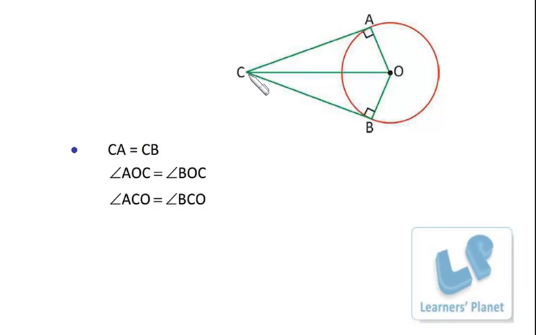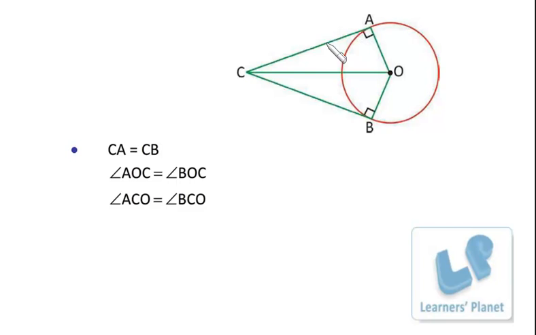So CA will be equal to CB. Then the third thing we have just discussed: OA and OB are radii, so OA will be equal to OB, and the angle between the radius and the tangent is 90 degrees. So this angle is 90 degrees, this angle is 90 degrees.